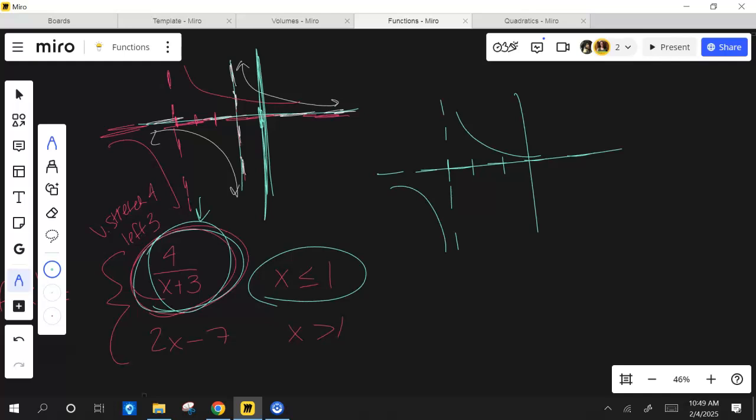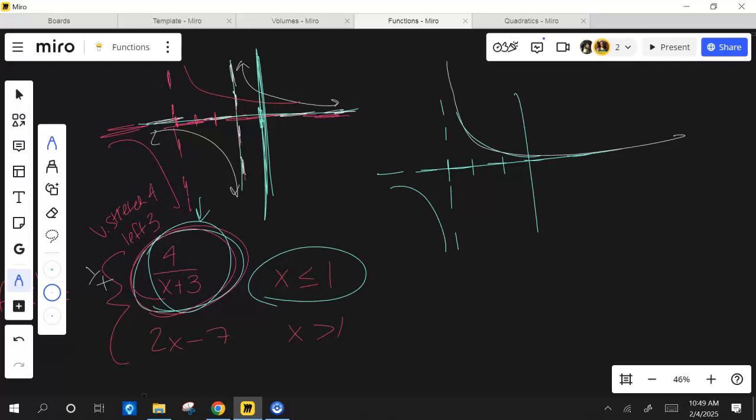It always has one at 0. This is that parent graph. All parent reciprocals, because this is 1 over x. So the 4 is just a vertical stretch. It's just going to stretch it out a little bit. I'm not so worried about that right now because I can find those points.